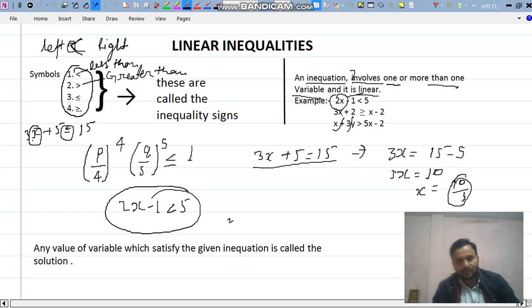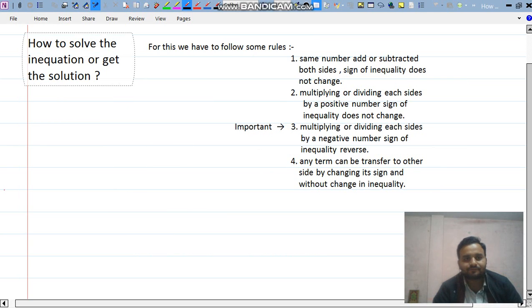Then we say that number becomes the solution of this linear inequality. Any value of the variable that satisfies the given inequation is called the solution. Now we will learn how to solve linear inequations, how to get the solution.